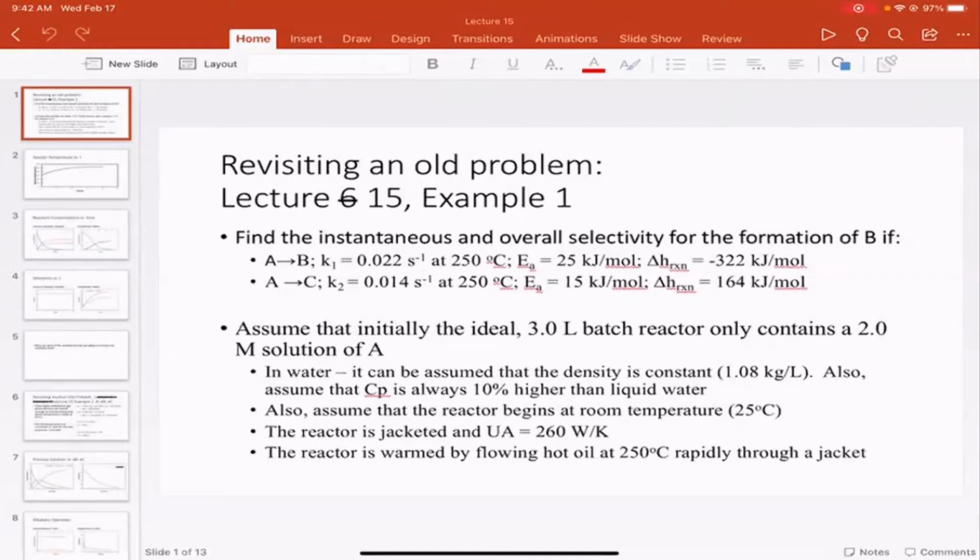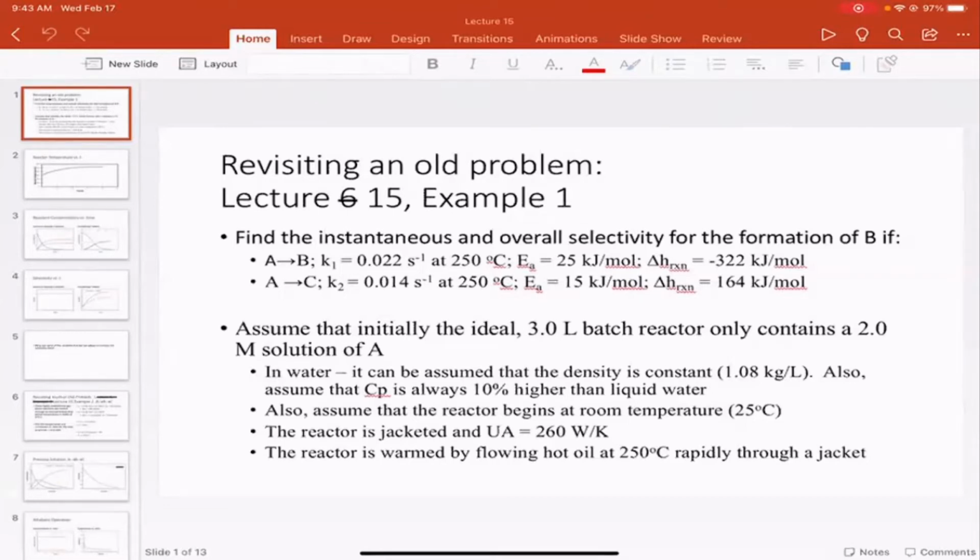It's a 2 molar solution that is aqueous, so it's overwhelmingly water. And we're going to assume then that because we have things that are dissolved in water, the heat capacity is a little bit higher. So we'll have a density very similar to water, and that the heat capacity is always 10% higher than liquid water. So I'll show you how that's going to get implemented in a minute.